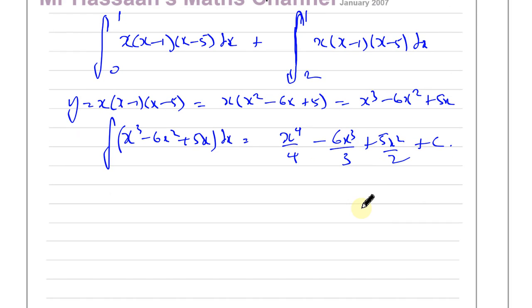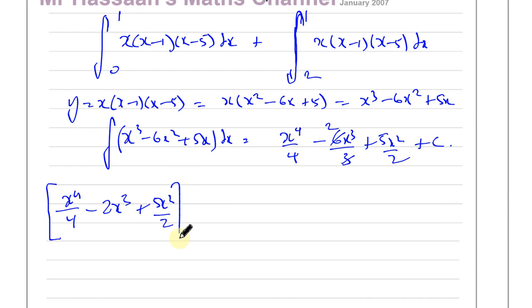Because I have these definite integrals, I don't have to put plus c when I integrate them. I'm going to just put these now as x to the power 4 over 4 minus 2x cubed, because the 3 and the 6 cancel out, plus 5x to the power of 2 over 2. Close bracket, and I put limits of 1 and 0, then put plus, same thing, because it's the same equation.